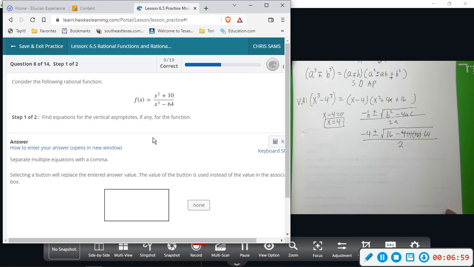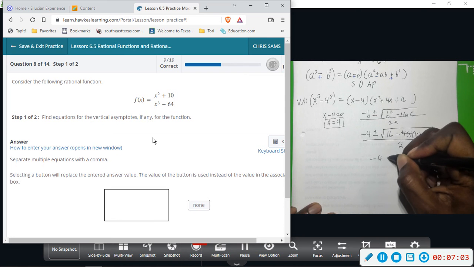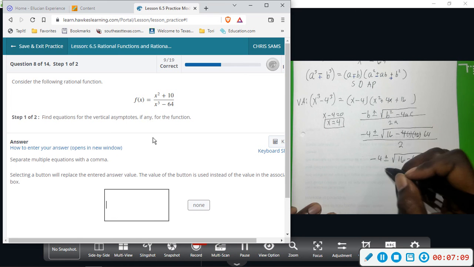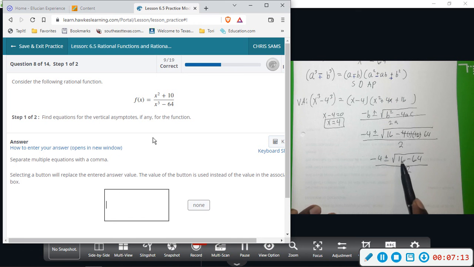Alright, then a couple more steps. Negative 4 plus or minus the square root of 16 minus 64. Herein is where we can see, and we can stop from here. When you do 16 minus 64, you're going to get a negative under the square root, which is negative 48. And when you take the square root of a negative, it's imaginary.